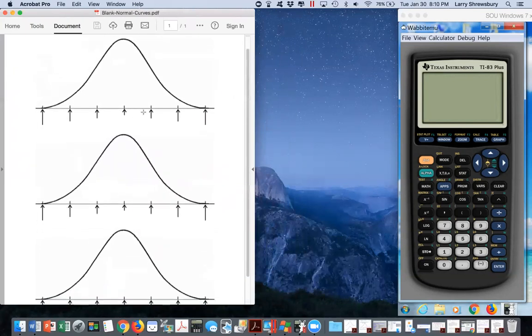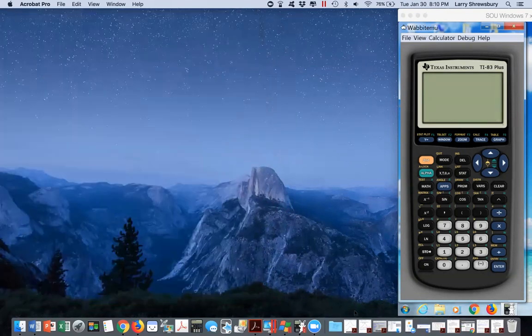The ones with the tick marks are ideal when it's a normal CDF problem, like the ones we just did. But if it's an inverse norm type problem that we're going to be doing next, we have ones without the tick marks underneath.